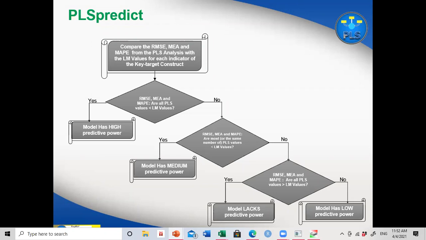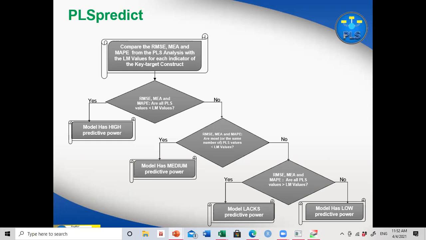But if no, then we look at it this way: half of the PLS are less than the LM, while half of them are more than the LM, or most of them, that is, 70% of them, the values of PLS are greater than LM, then we say the model has medium predictive power.